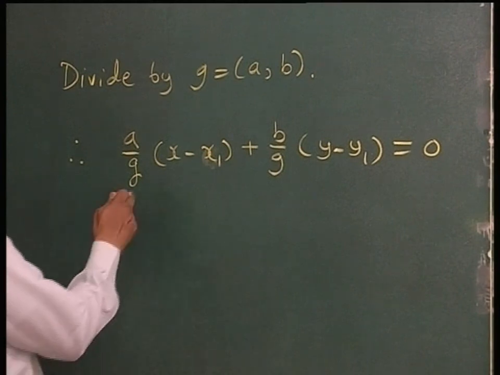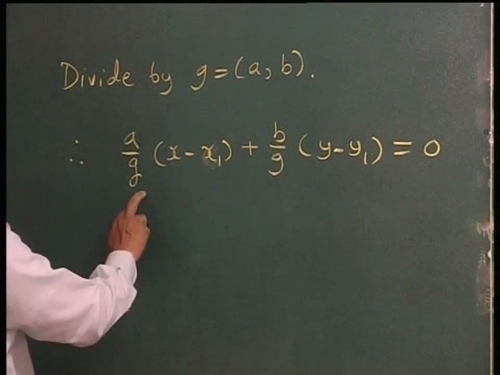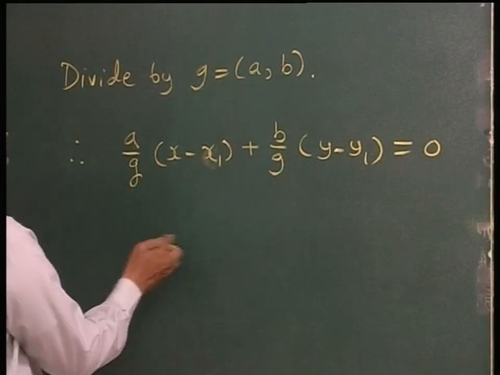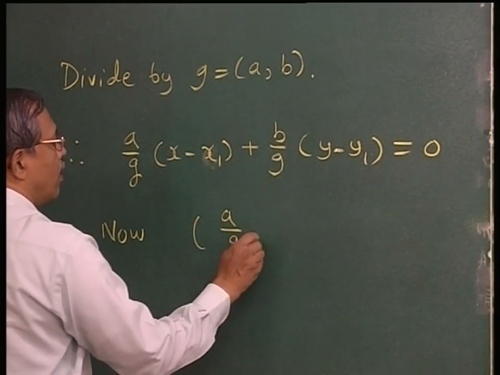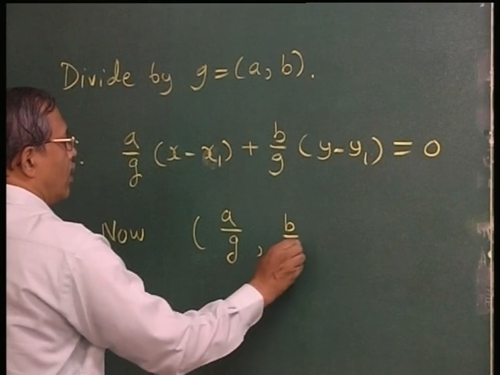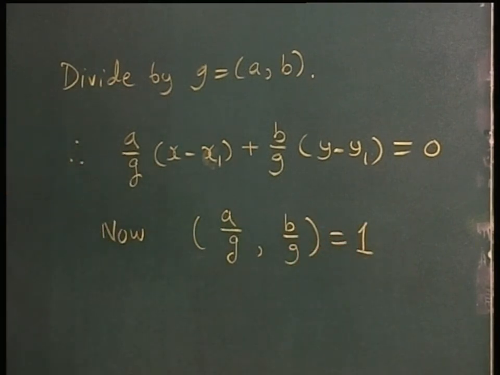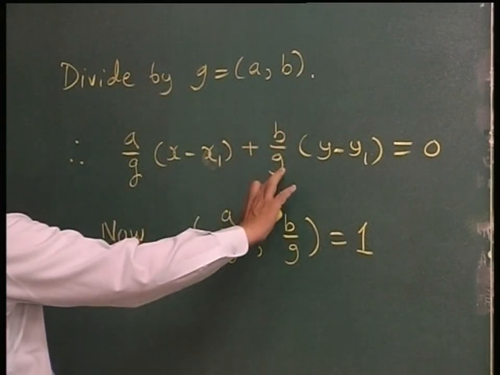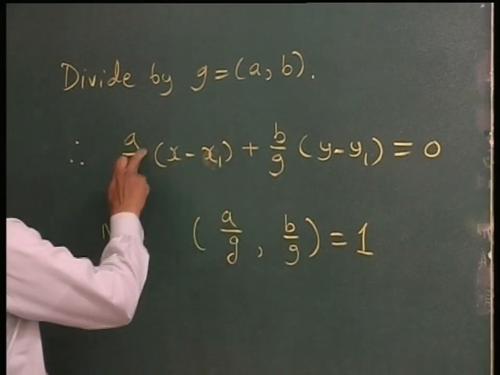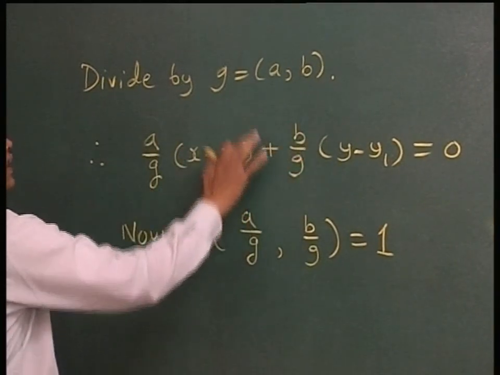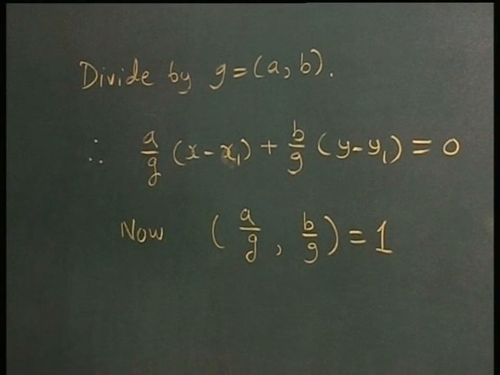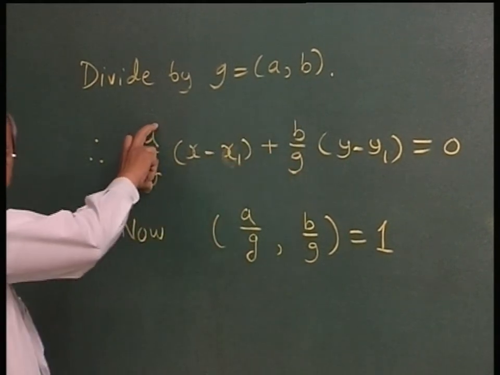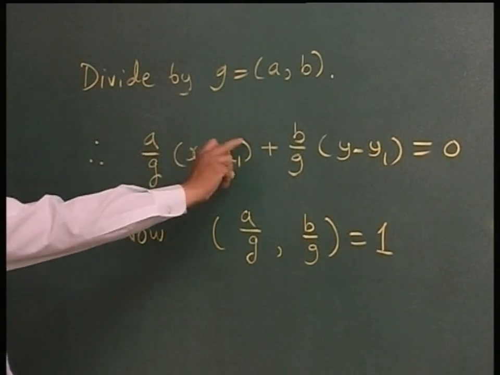Now, A by G and B by G, they are coprime. GCD of A by G and B by G is 1. So, B by G divides the second term, so B by G will divide this first term, but B by G is coprime to A by G. Therefore, B by G must divide x minus x1.